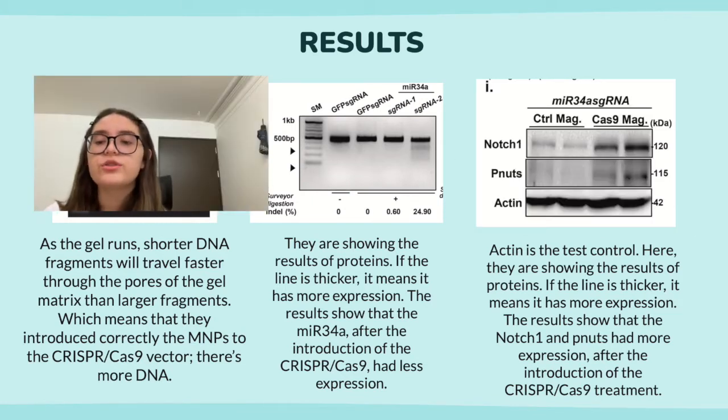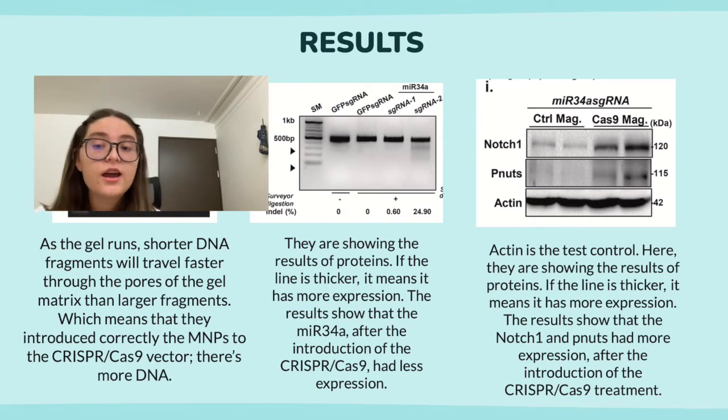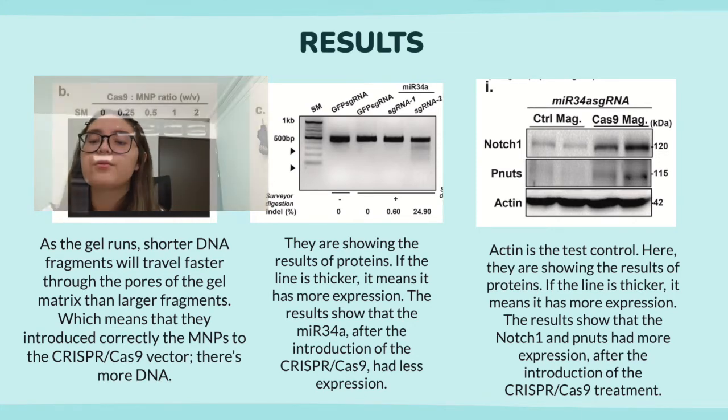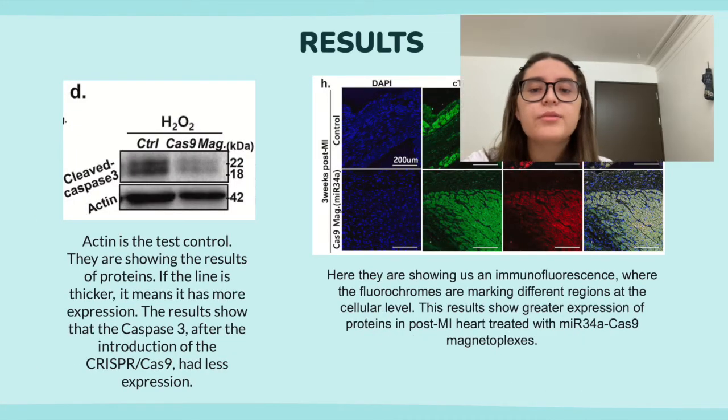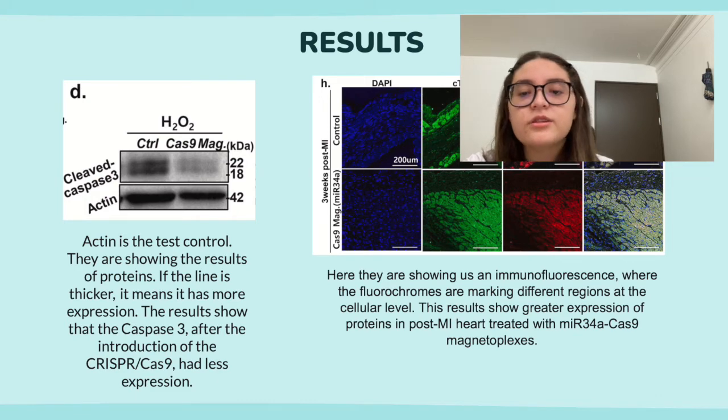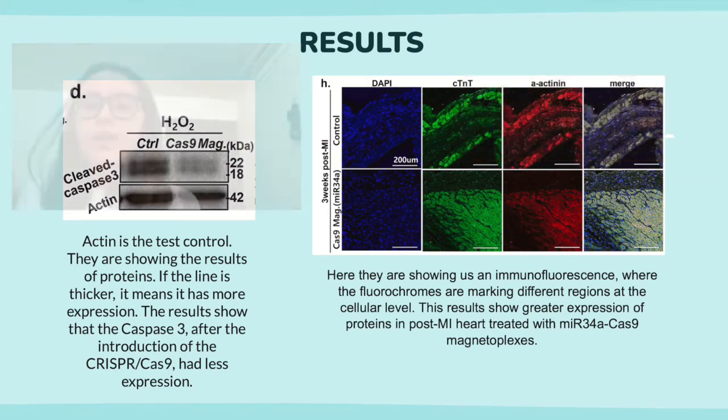The results showed that Notch1 and peanuts had more expression after the introduction of the CRISPR-Cas9 treatment, which is a good thing for the study, because Notch1 and peanuts help with cell survival, DNA repair, and cell growth. Here, the caspase-3 has more expression when there is no introduction of CRISPR-Cas9.